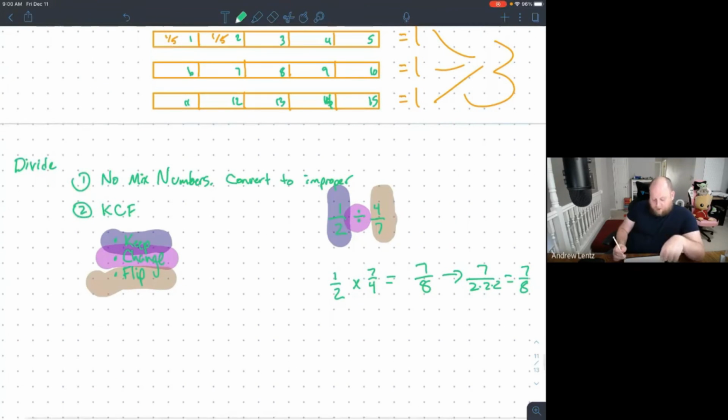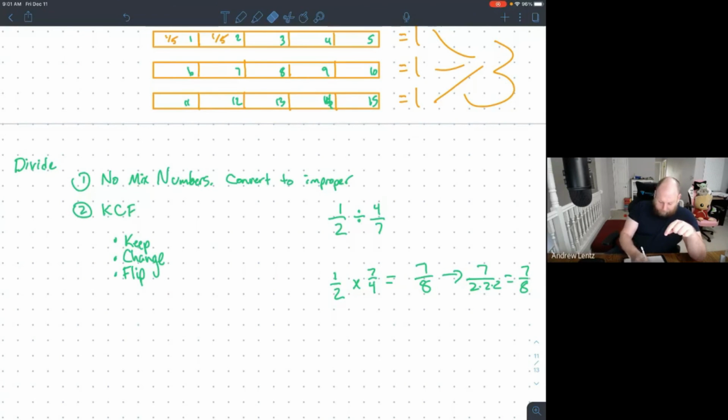But when you divide fractions, keep, change, flip. Keep first fraction the same. I'm over time. Change your sign, change division to multiplication.